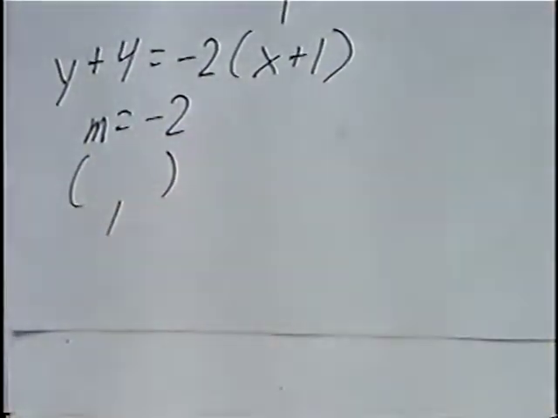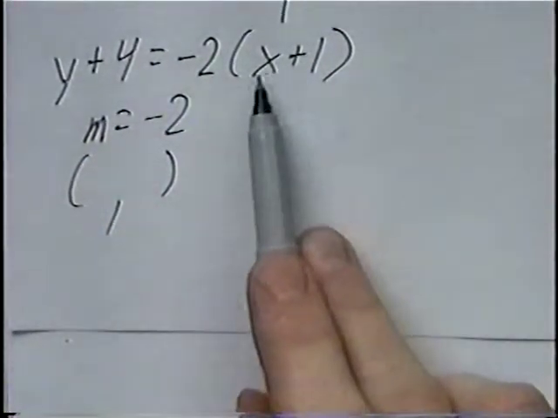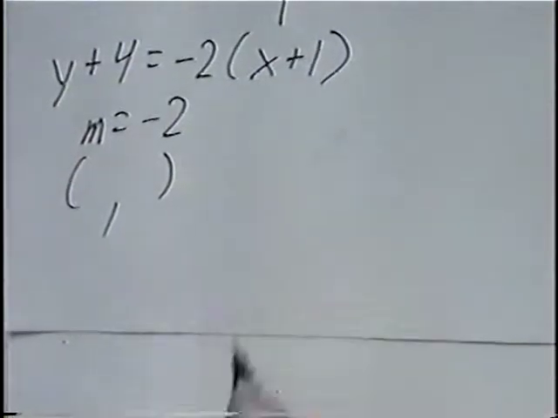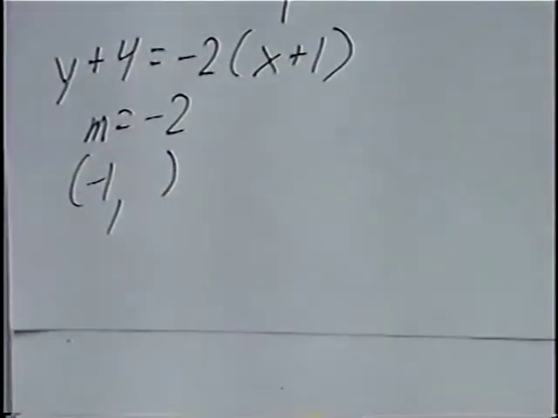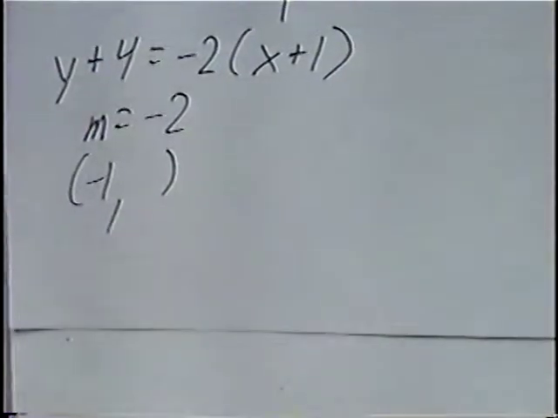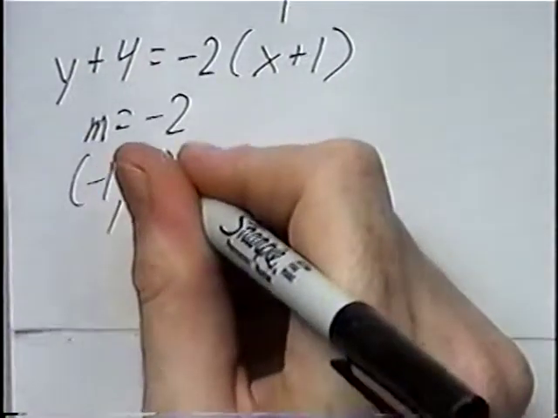And the point, x comma y, if we have x plus 1, you take the opposite of +1, which would be -1. And if we have y plus 4, the opposite of +4 would be -4.